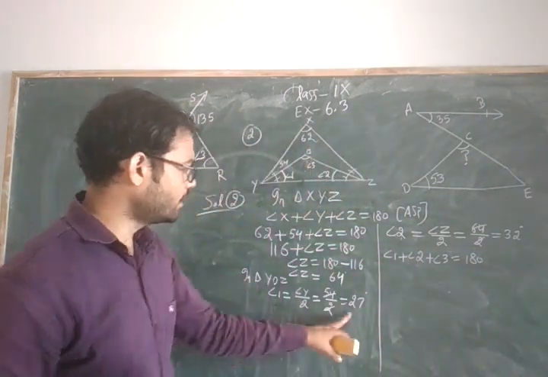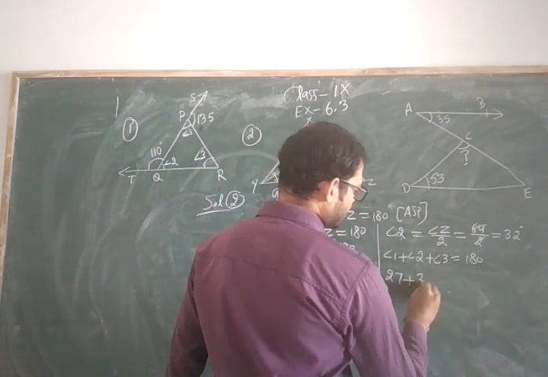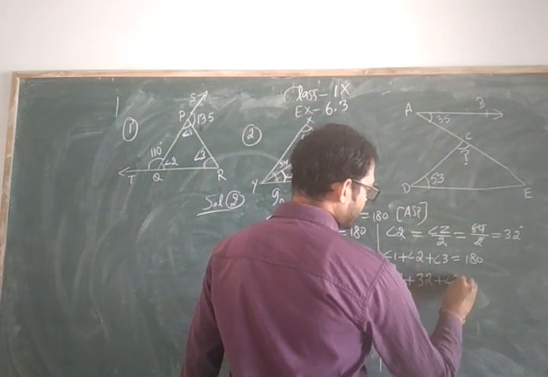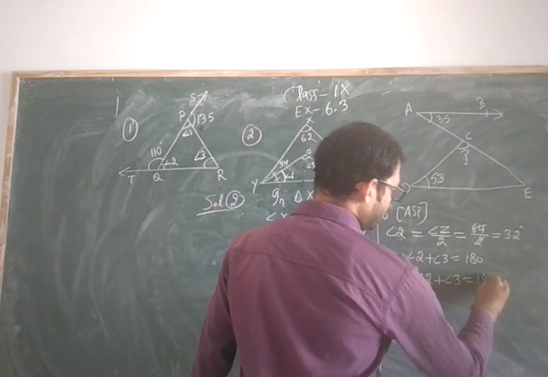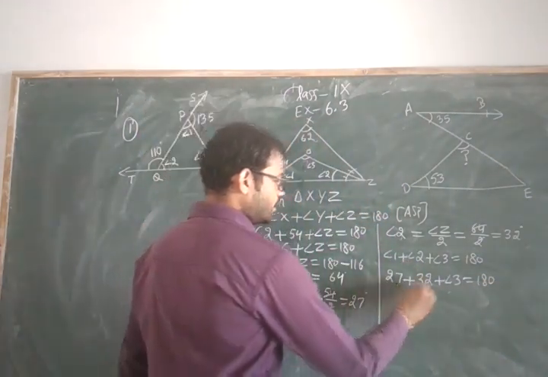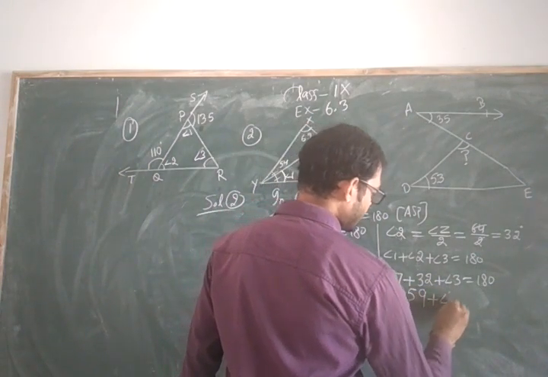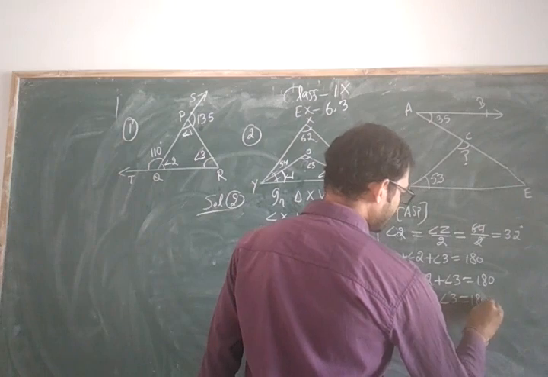The value of angle 1 is, yes, 27. Angle 2 is 32 and angle 3 we will find out. Angle 3 आपने find out करना. So add these two, it becomes 59, plus angle 3 is equal to 180.